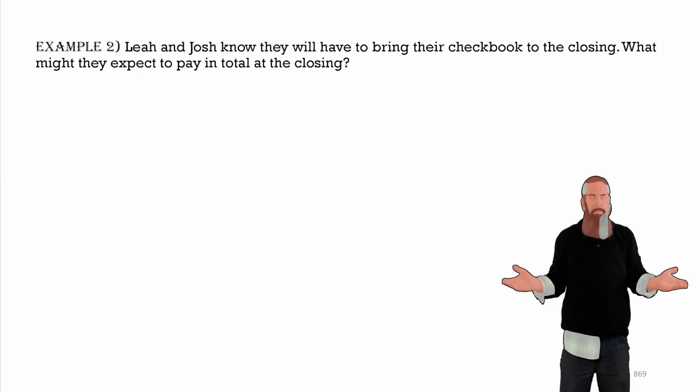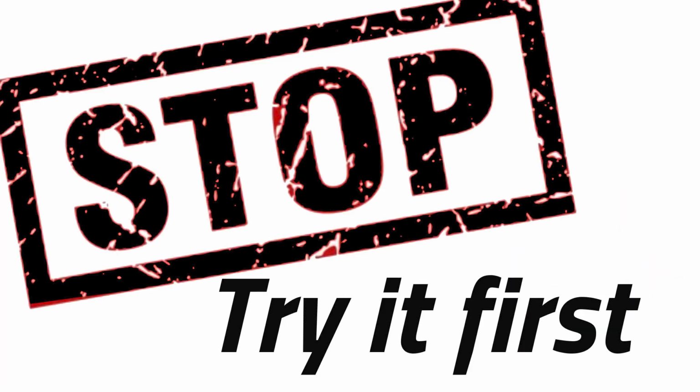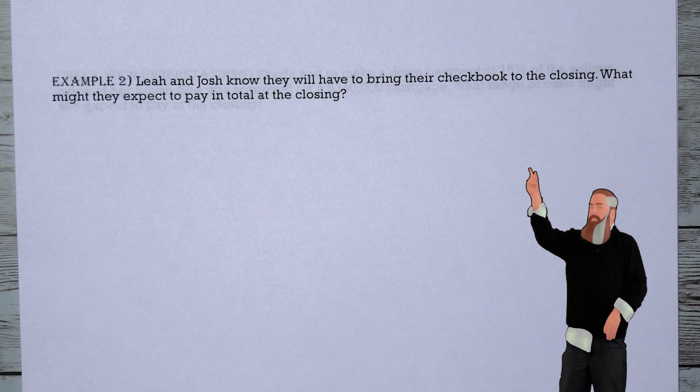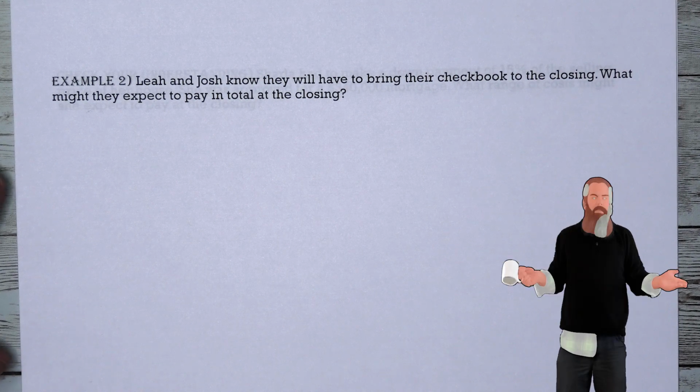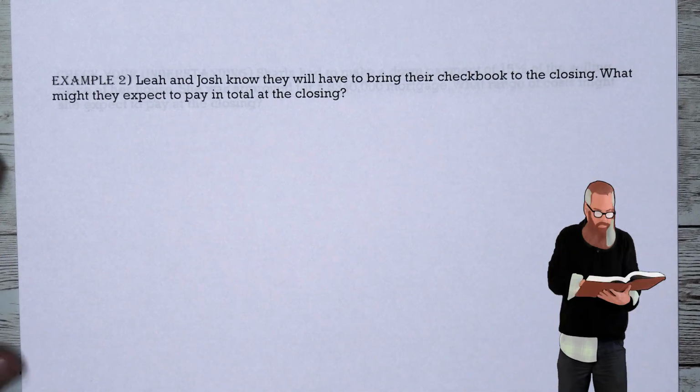Leah and Josh know they have to bring their checkbook to closing. What might they expect to pay in total closing costs? Although there are never guarantees, the rule of thumb is that you can expect closing costs to run from 2 to 6% of the purchase price. These numbers vary depending on the location of the house and any special circumstances.